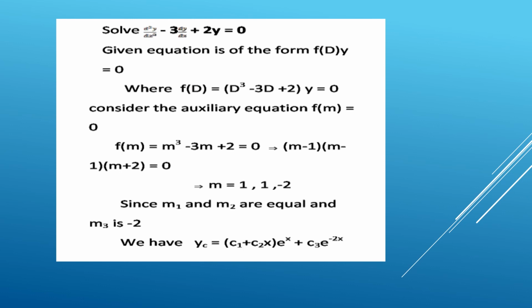Since these two are equal, we have to combine them as c1 plus c2 into x into e power x. Here this is m1, and in the place of m1 we write 1, plus c3 into e power minus 2x. This minus 2 is real and distinct, so we write it separately as minus 2x.